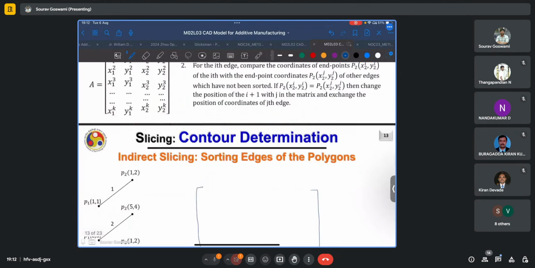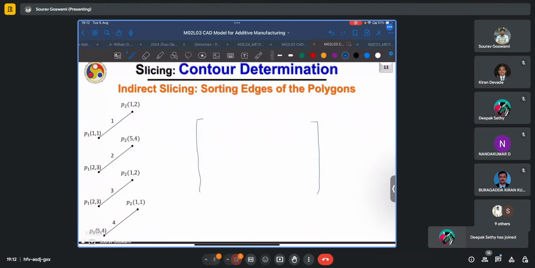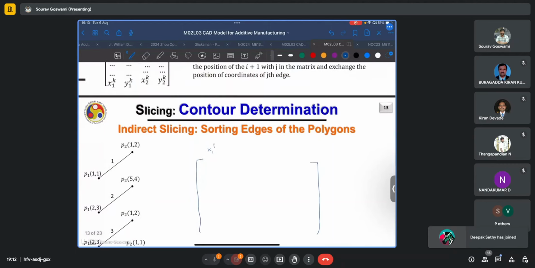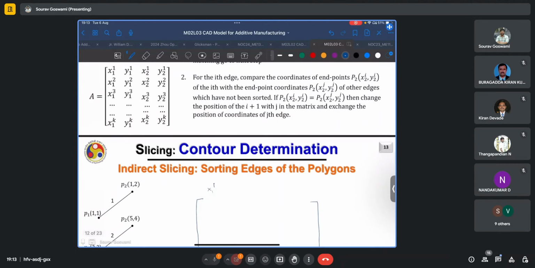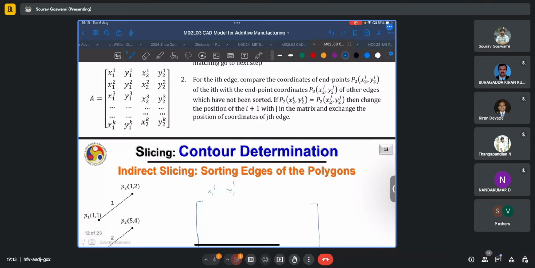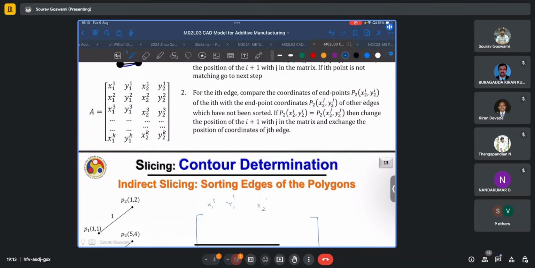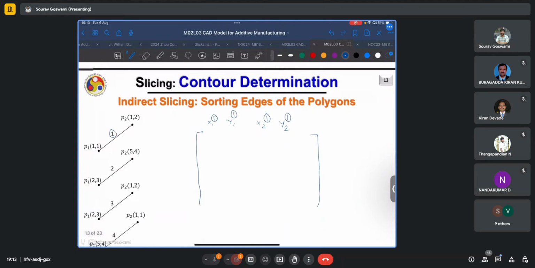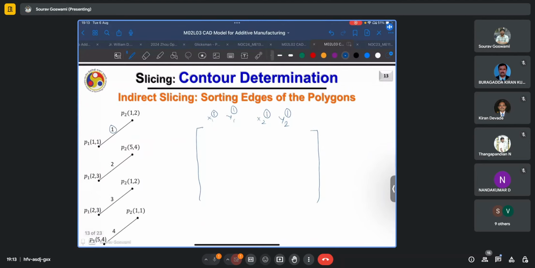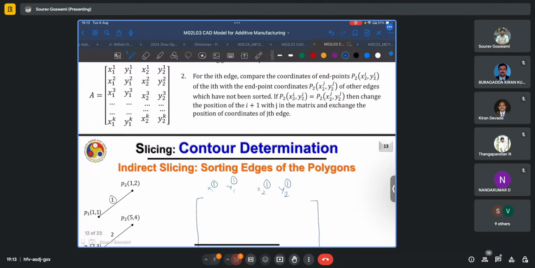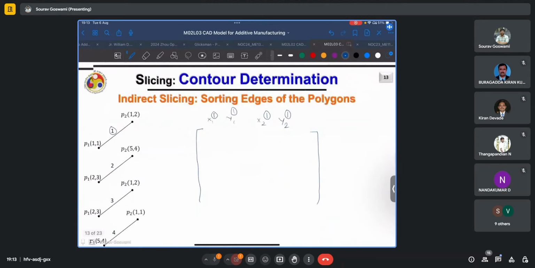Here for each edge you have x1 and y1 of point 1, and x2 and y2 of point 2 of edge 1. So the x and y coordinates of each of the vertices of the edges, and you want to have them form a closed contour such as shown here. How do we accomplish it?